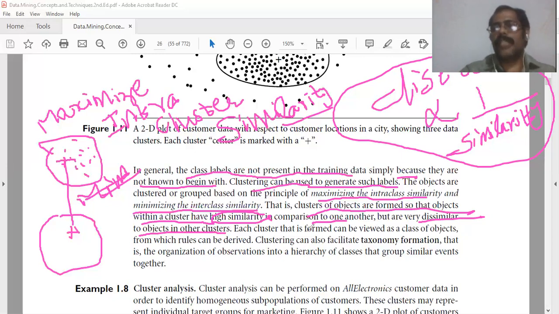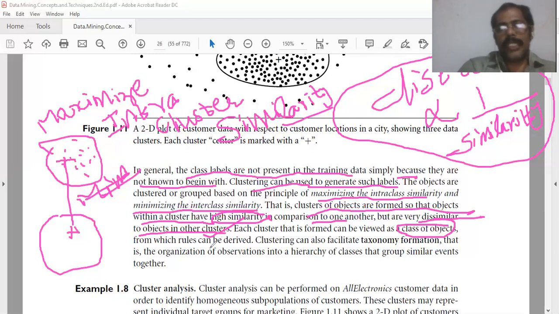Each cluster that is formed can be viewed as a class of objects from which the rules can be derived.